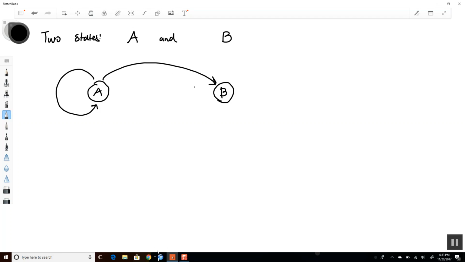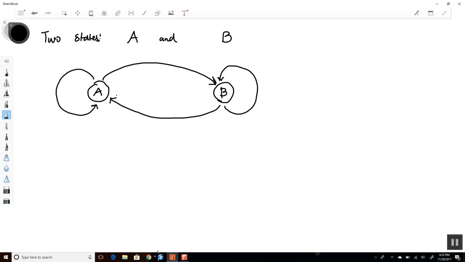This would not be ergodic or irreducible, meaning that if you're at B, you can't get to A. But as soon as I draw this, then we're good. So if you're at B, you can also go to A. You can also stay at B.